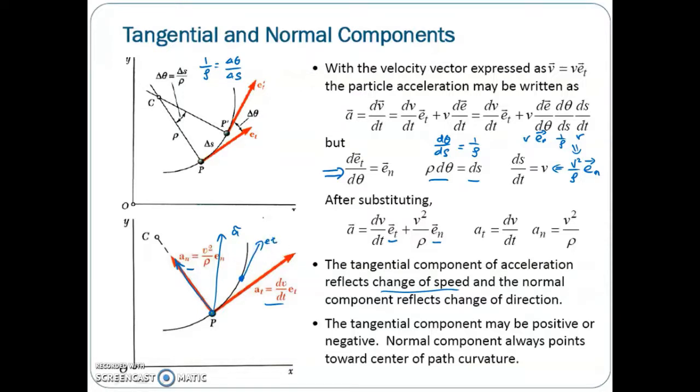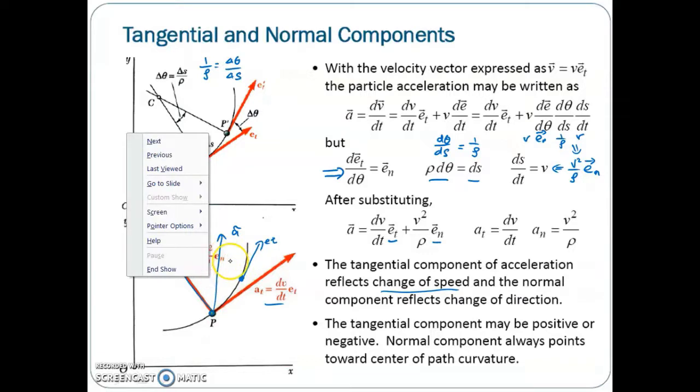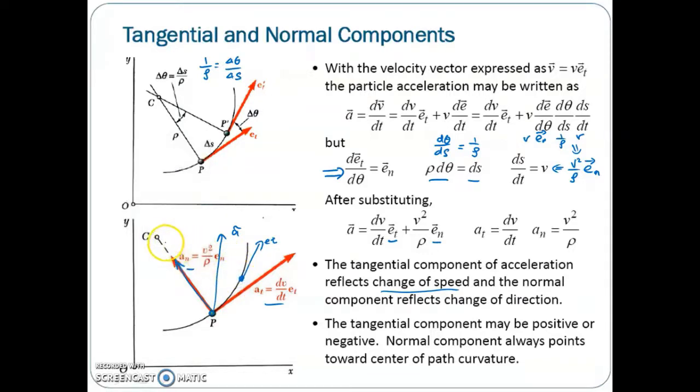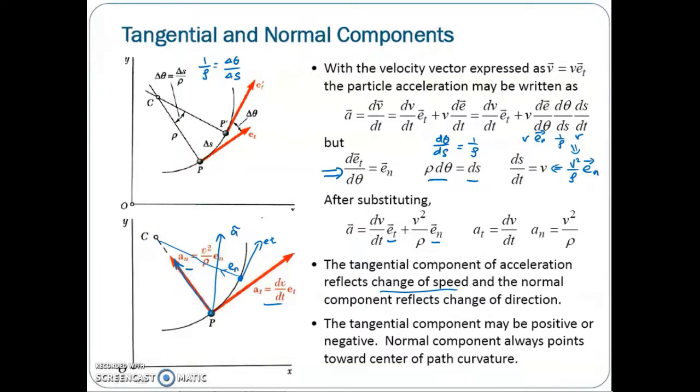Then your unit vector En will be going towards the center, then that will be your En. So the directions of the two unit vectors are constantly changing when they are at different positions on the path curvature.